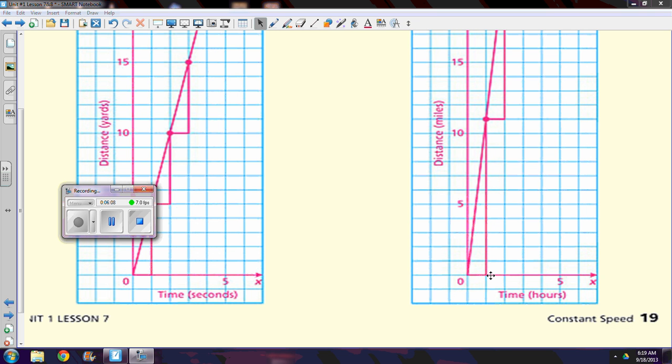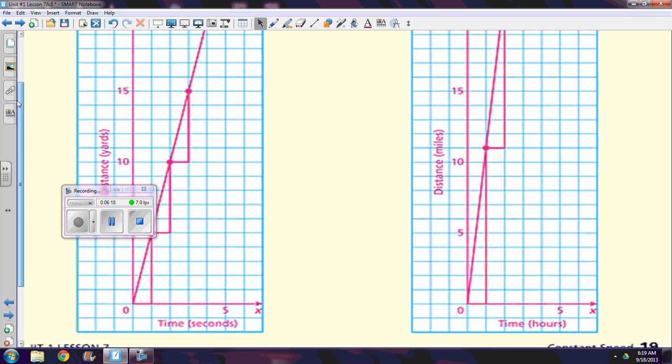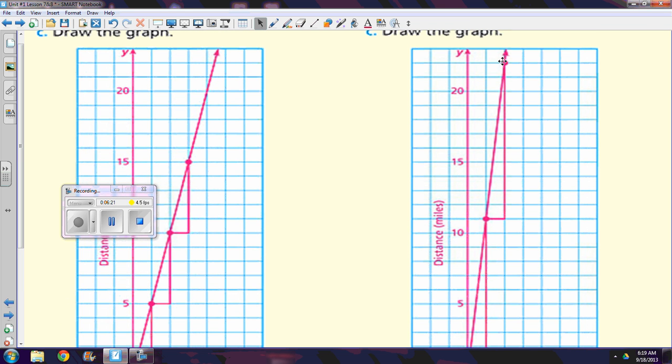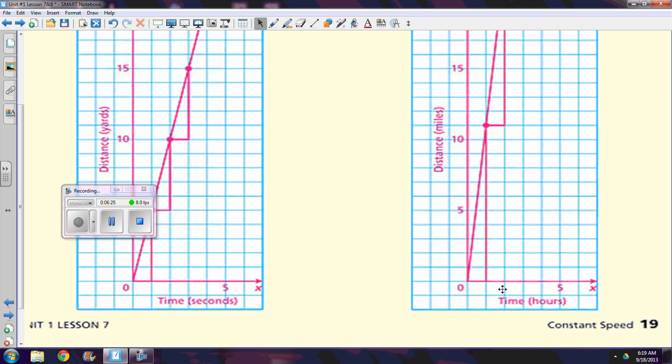So in 1 hour, 11 miles. So you place your dot there. And 2 would be, pull it down here, the 22. So you go up, 20, 21, 22. And then you would draw in your triangle, over 1, up 11, over 1, up 11.